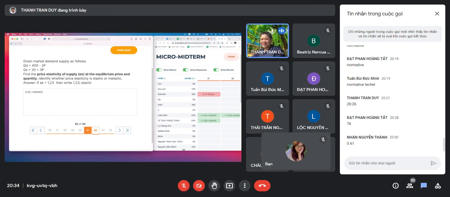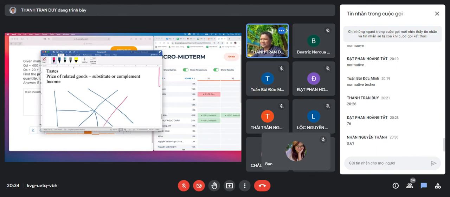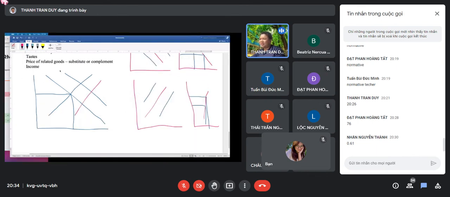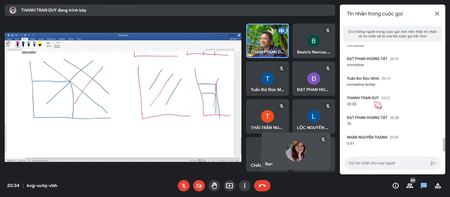Good, good, good. Now, anyone tell me how can we calculate elasticity?